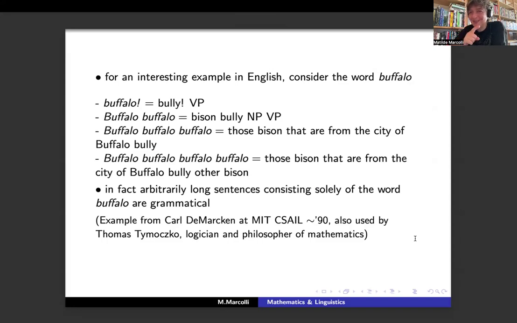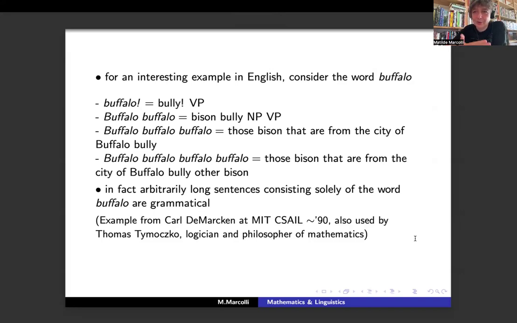The reason is that the word buffalo can have different meanings in English. There's buffalo as a verb, as in bullying someone, and there's buffalo as a kind of bison, an animal. And there's the city of Buffalo, so there are buffaloes from the city of Buffalo, and they bully someone or bully other buffaloes, for example.